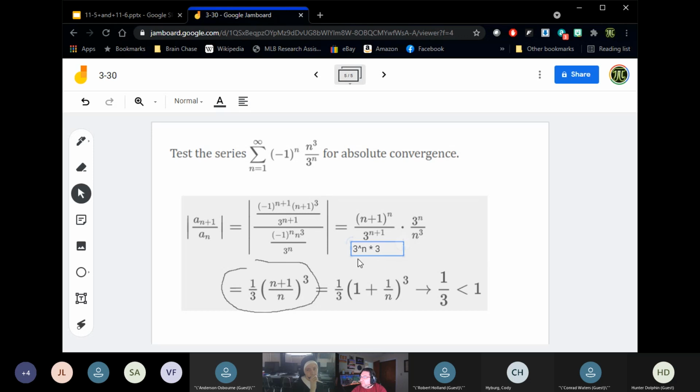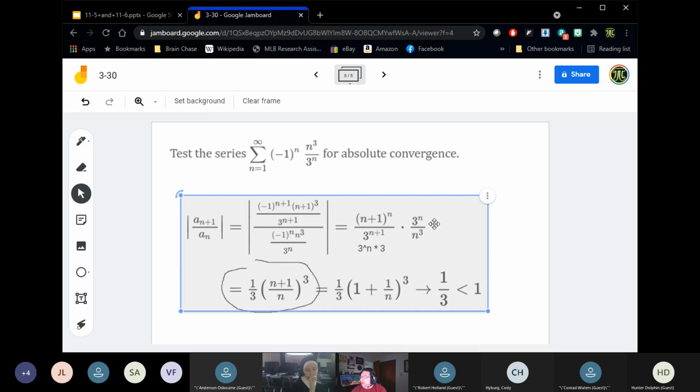That's how the 3 to the n down the bottom and the 3 to the n up top cancel each other out. The only thing that really changed from the first part with the absolute value to the second part is the negative 1s disappeared, because the absolute value gets rid of them. And then it was just keep, change, flip: you kept the top fraction, you changed division to multiplication, and you flipped the second fraction.